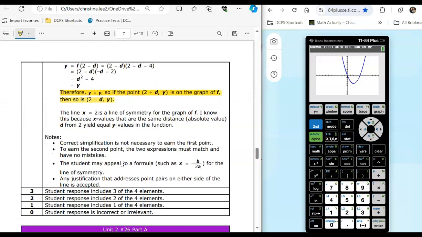And then the line x equals 2 is the line of symmetry for the graph of f. I know this because the x values that are the same distance, absolute value d, from 2 yield equal y values in the function. So in this instance, they are relating it back to the fact that if we use 2 plus d and 2 minus d, we're going to get the same output for y. So you can use that.